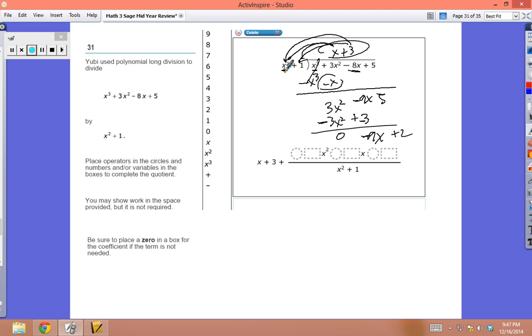Because I don't know what you're going to multiply x squared by to turn it into a negative 9x. x squared times what is going to give you a negative 9x? Oof, man, I don't know. This question has got me stumped, so I'm just gonna call it good.